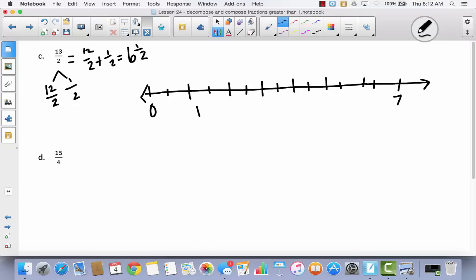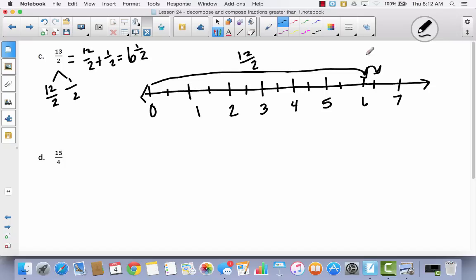Let's label these 1, 2, 3, 4, 5, 6. So I'm going to go over 12 halves. This will be 2, 4, 6, 8, 10, 12 halves. And then I have one more half, which puts me at 6 1/2.